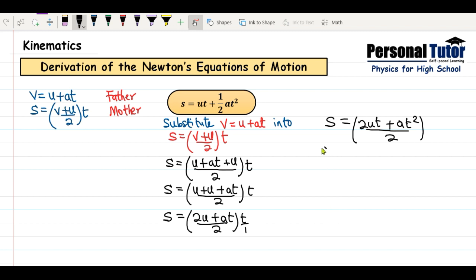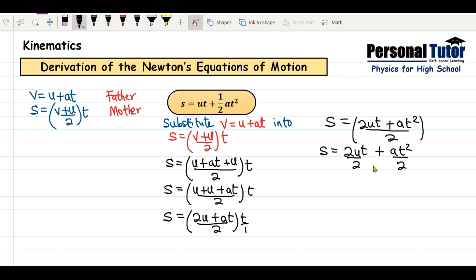Now, mathematically, this denominator is for both 2ut and at squared. And we can split it for both of them by maintaining the value 2. And so it could be written as 2ut over 2 plus at squared over 2.